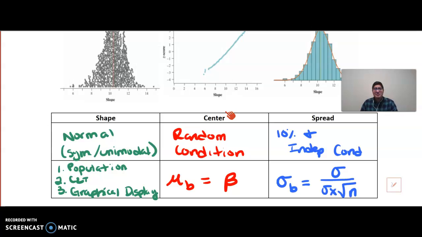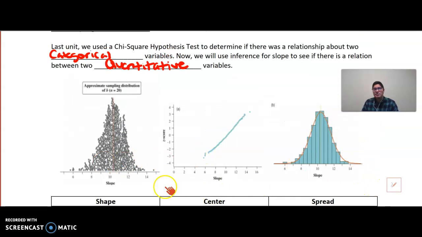Next, if I have independence through the 10% condition or other methods, then the standard deviation of the sampling distribution for slope would look like the population standard deviation divided by the standard deviation of the explanatory variable times the square root of n. Now this formula looks nasty, so we're not going to bother to really look at it or pay attention to it, but we're going to be using a lot of computer output for this unit in terms of accomplishing our inference for regression here.